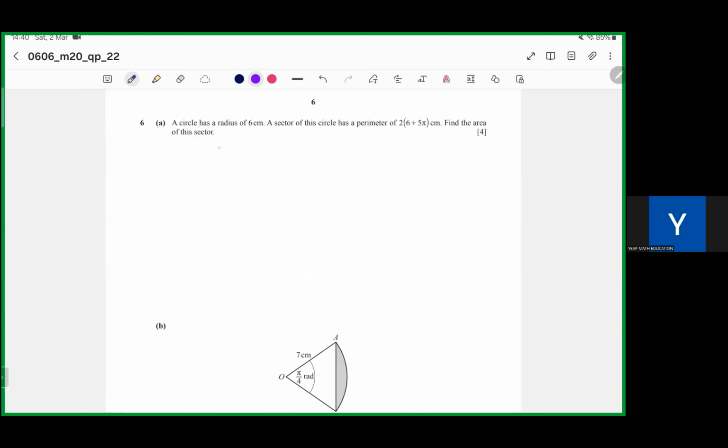Okay, we can sketch the circle first. Okay, we can let this equation. So we can take 6 plus 6 plus 6 theta equals to 12 plus 10 pi.